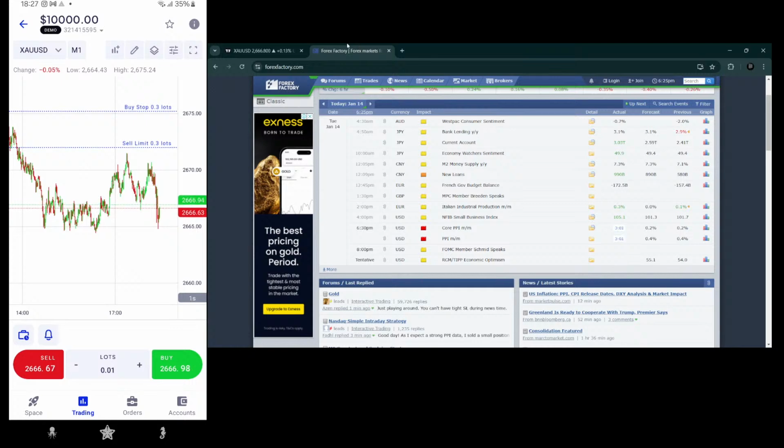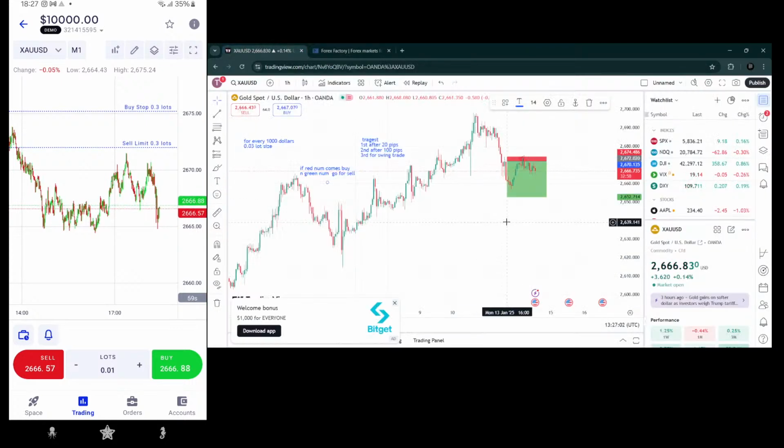After 3 minutes, there will be volatility in the market.